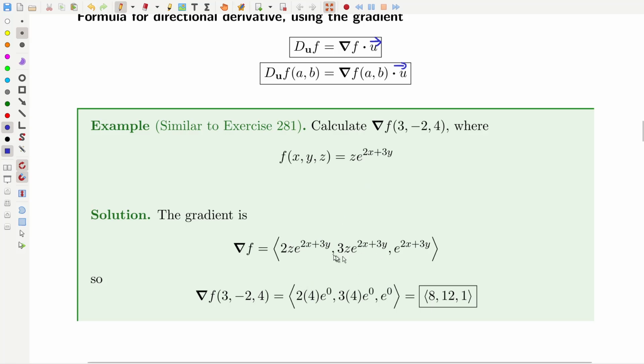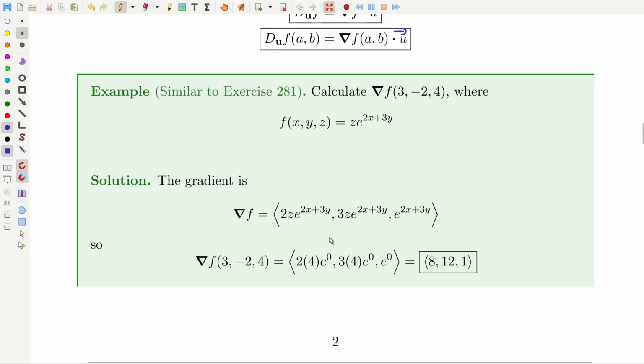For this guy, we're taking the y derivative. That's going to pop a 3 out from chain rule. And then for the last guy, we're taking the z derivative, and in that case, this exponential is considered to be a constant with respect to differentiation by z. So then we just take the derivative of the function z with respect to z. That's just 1, and so we end up with this. So this is a vector valued function, right?